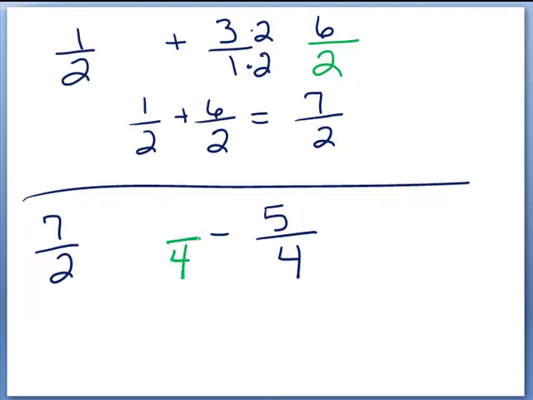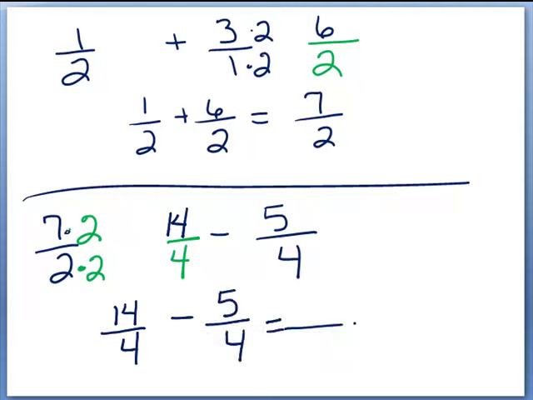So we're going to multiply 7/2 by 2 so we can convert it into fourths. 7 times 2 is 14. Now we have 14/4 minus 5/4. The denominator is in fourths. Subtract the numerators, and 14 minus 5 is 9.